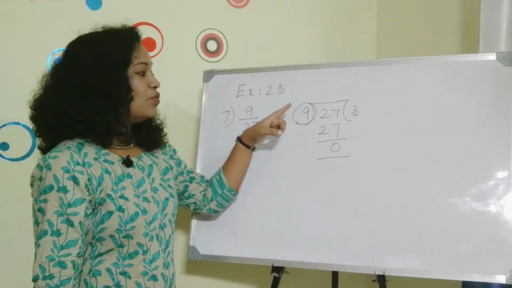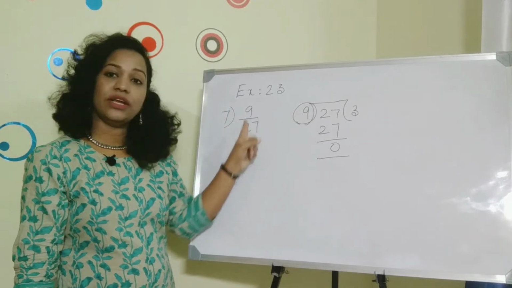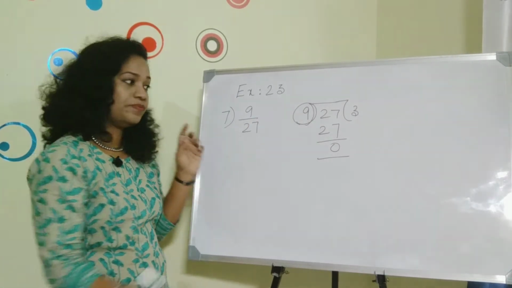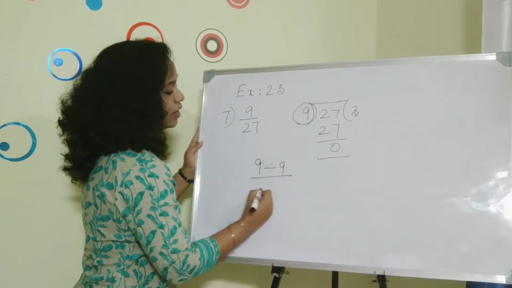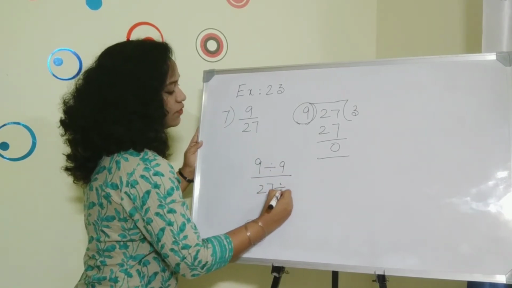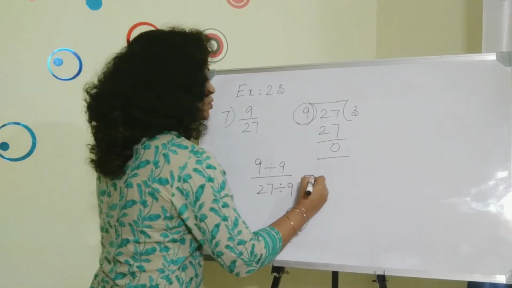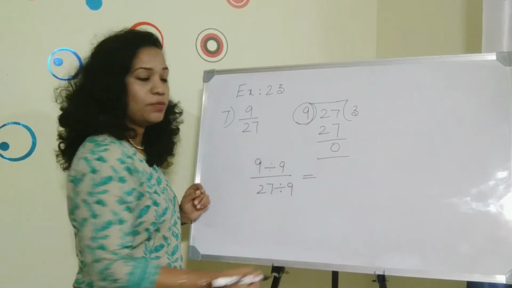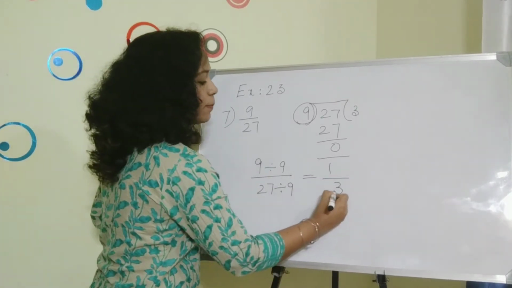Okay. So with this HCF, we have to divide the numerator and the denominator. 9 divided by 9, 27 divided by 9. Okay. So the answer is 9 divided by 9 is 1 and 27 divided by 9 is 3.